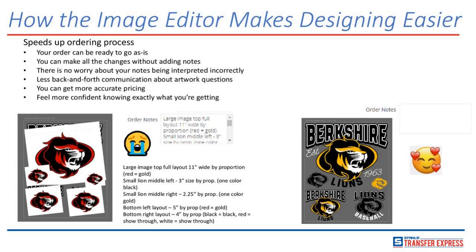Large image on top, full layout, 11 inches wide by proportionate, red equals gold, small lion, middle left, 3 inches, size by proportionate, 1 color, black. They had to type all of those notes in there because they couldn't do what they wanted with that lion artwork. Because we could run it through the image editor, delete the white square, color him and size him, we didn't have to put any of those notes.